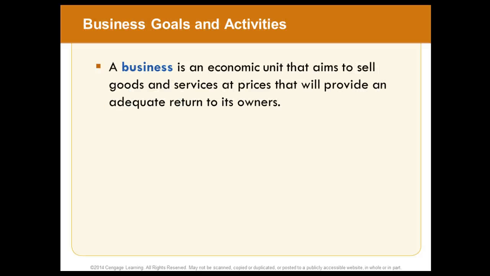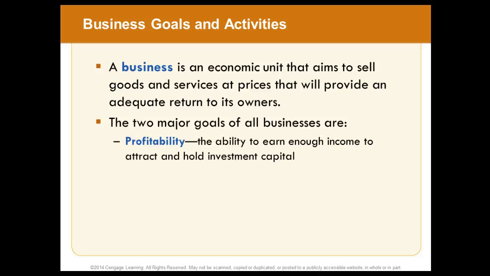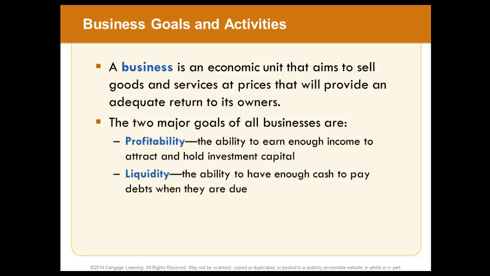Businesses, basically, their goal is to sell either goods or services that provide a profit and give money back to the owners or shareholders. Two major goals of all businesses: profitability and liquidity. Are you guys going to forget that?